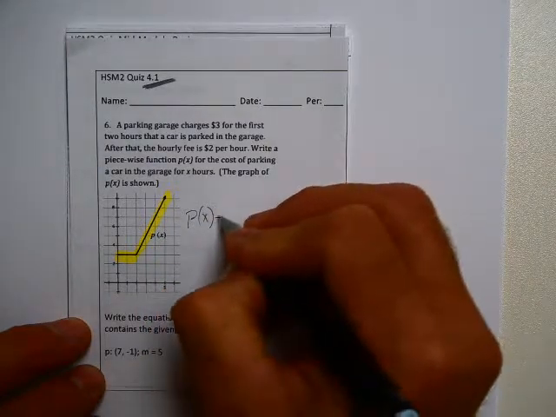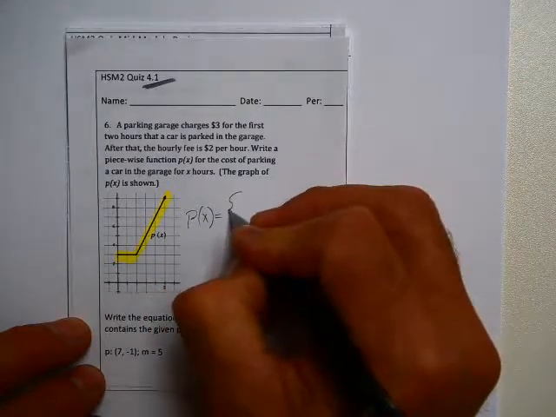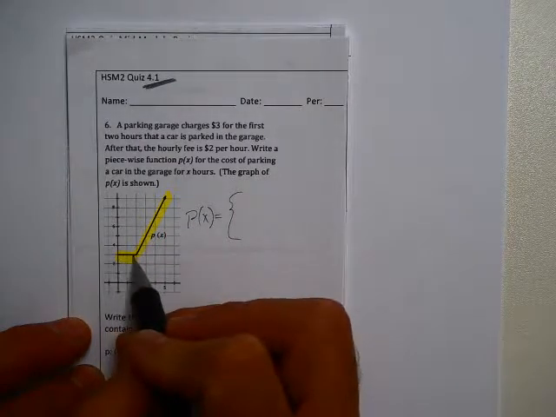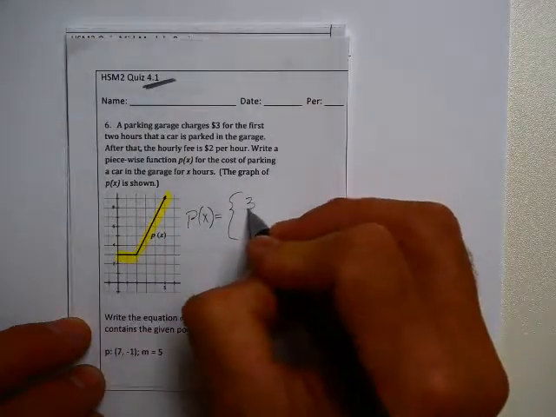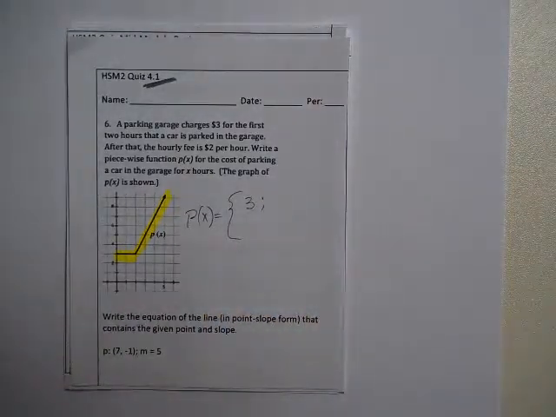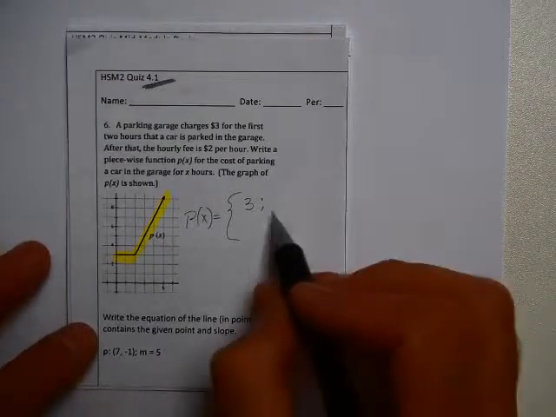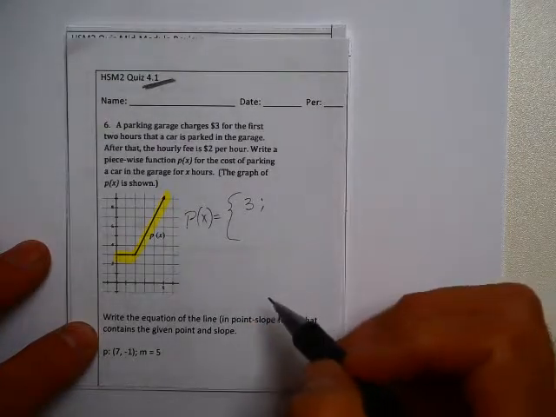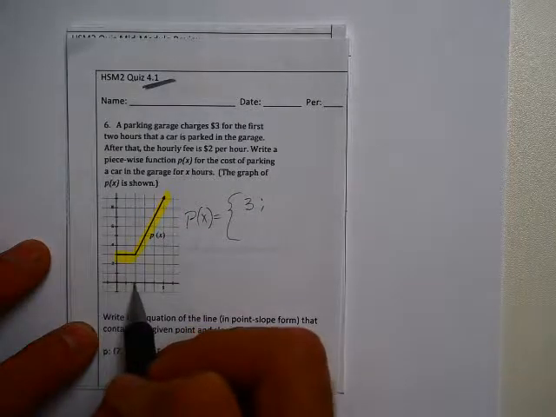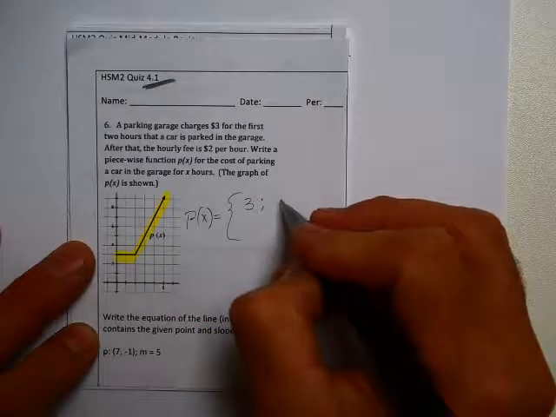sort of in one. So P of x equals 3. But when does that occur? That's where our domain statement, which is going to be the next thing here, is going to lay. So that's going to be for any value between 0 and 2 hours.